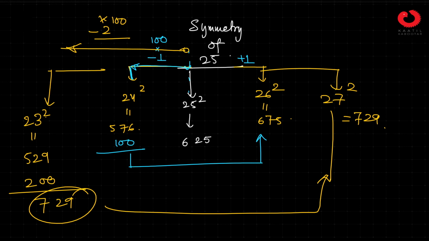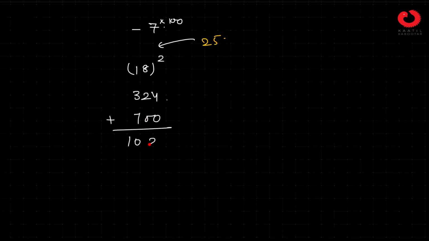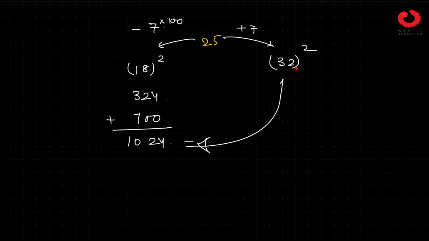Suppose here is 25 and you want to go some 7 below, minus 7, so it will come to 18. 18 square is 324, and if you add 700, you can see it will become 1024, and this should be equal to 25 plus 7, means 32 square, and you know that this is 1024 only. So this is the symmetry of 25, and by this you can remember all the things.